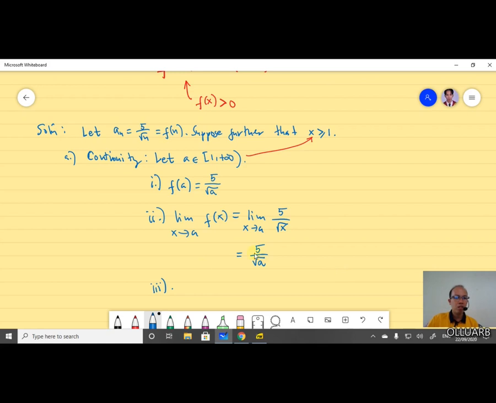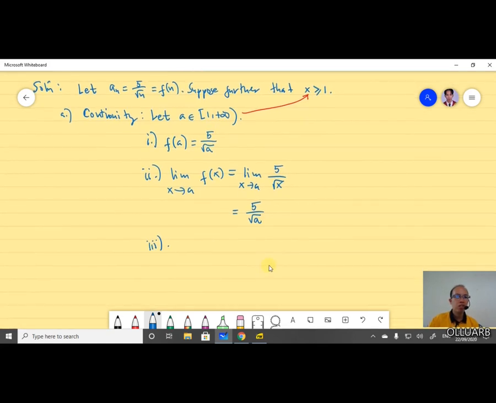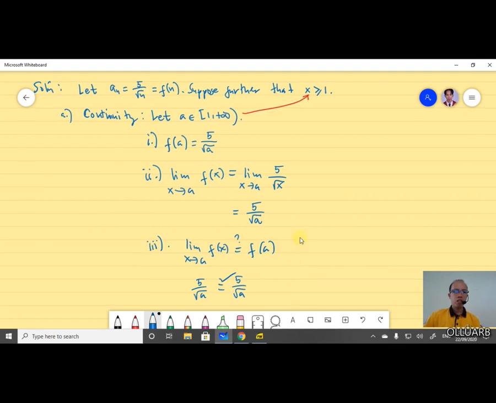Our third condition clearly says that the limit of f of x as x approaches a is equal to f of a. Of course, this is 5 over square root of a, and this one is also 5 over square root of a. So therefore, they are equal.